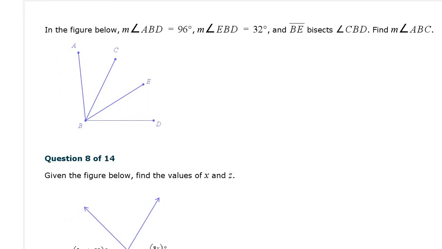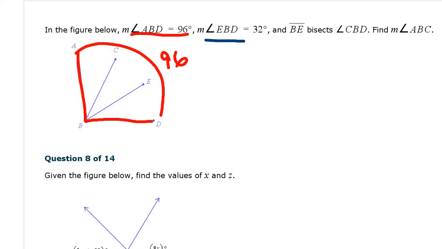Trace and sweep. These problems, especially, I recommend you color code. So ABD is 96. EBD is 32. You are told that BE bisects CBD.